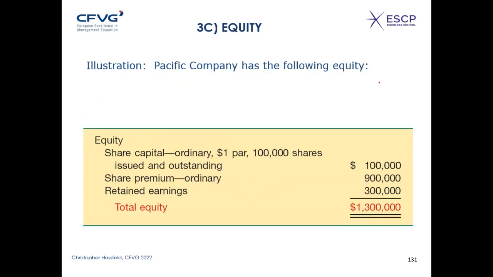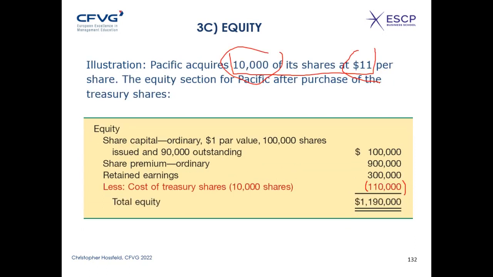So before that, the shareholders had provided 1.3 million to the company. Now, since I reimbursed them 110,000, well, on a net basis, they provided only 1,190,000.